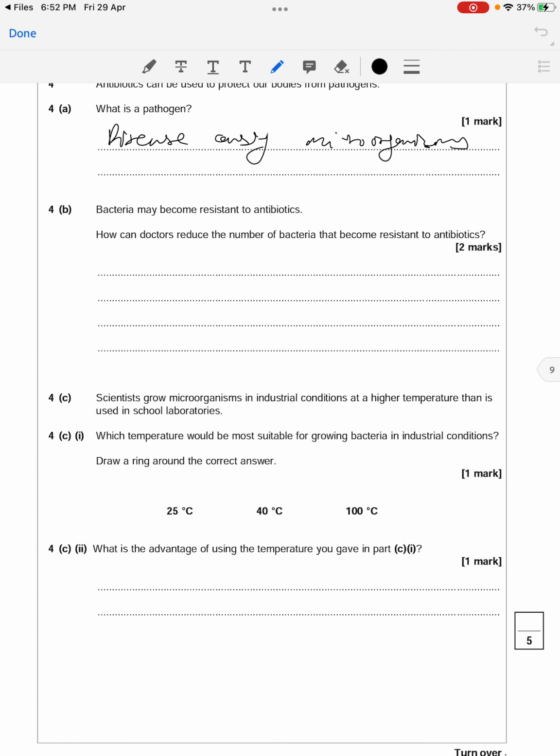So bacteria may become resistant to antibiotics. How can doctors reduce the number of bacteria that become resistant to antibiotics, right?